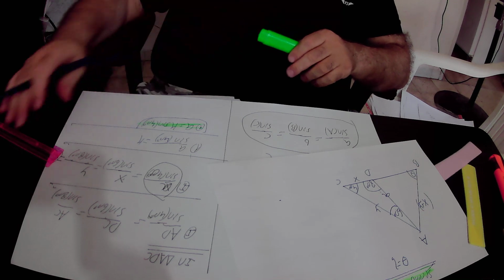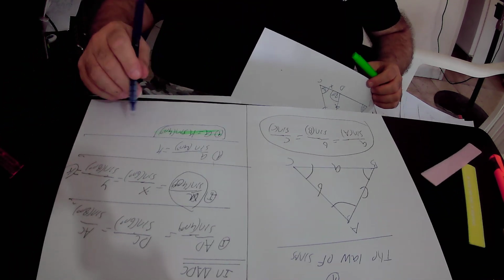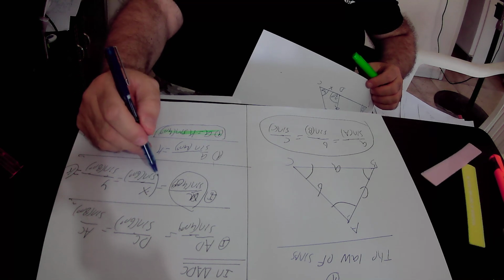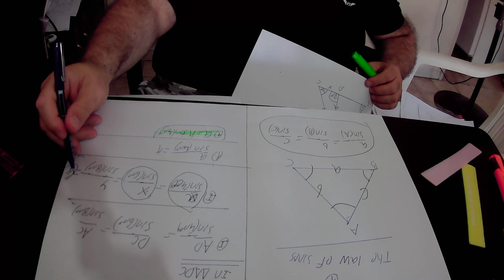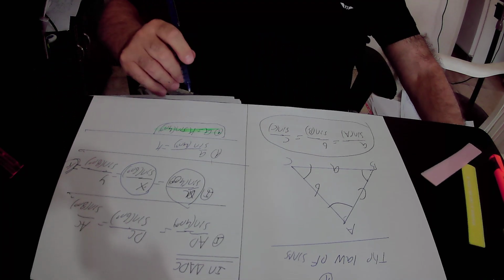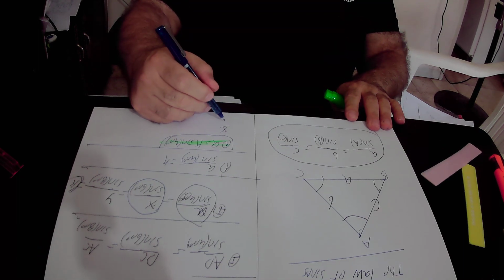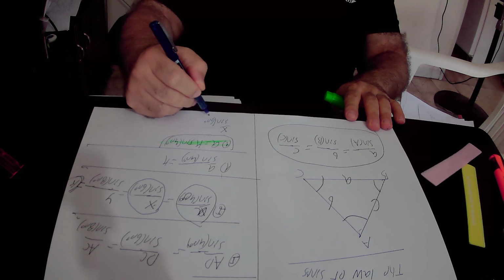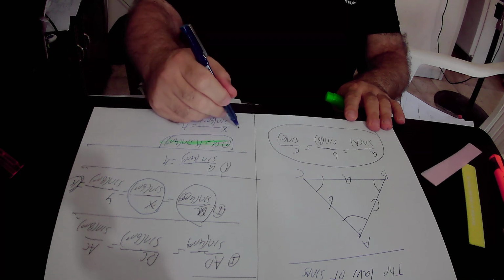Likewise, we derive from the long equation that x over sine 60 degrees is also equal to k. This will be equation number 2.